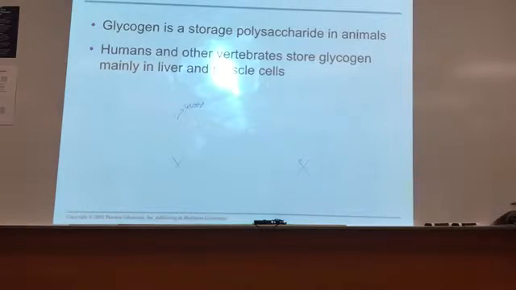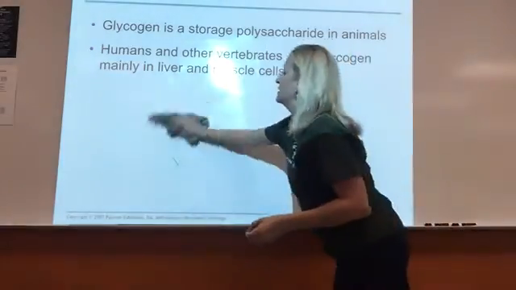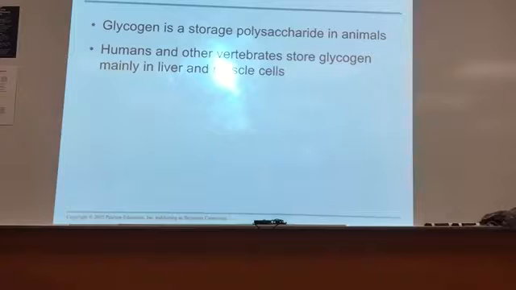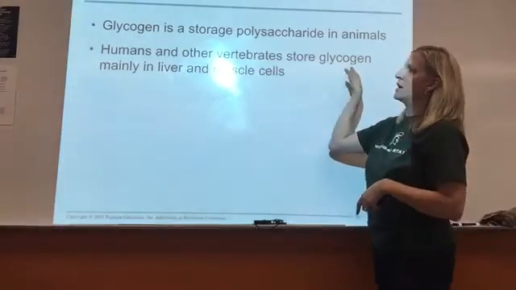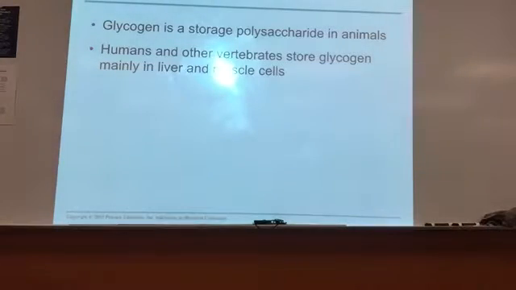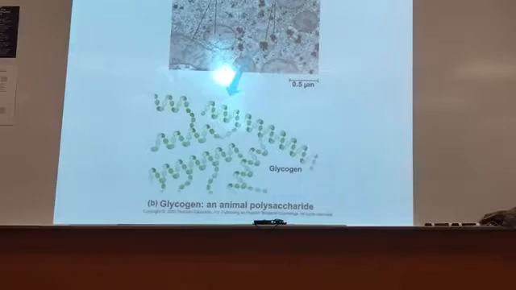Now we don't store our excess glucose as starch. We store it as a molecule called glycogen. Glycogen is a storage polysaccharide in animals like us, and where we store our glycogen is in our liver and our muscle cells. So glycogen is very similar to starch in plants.